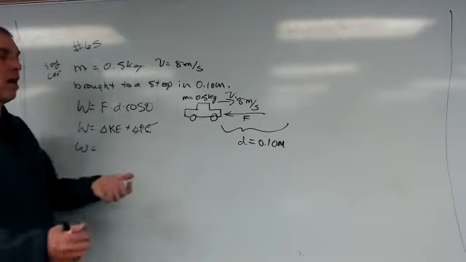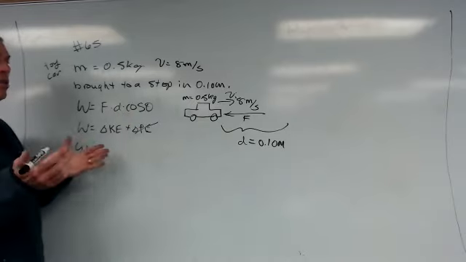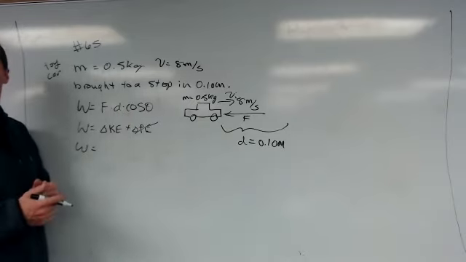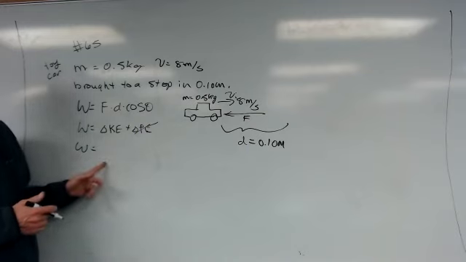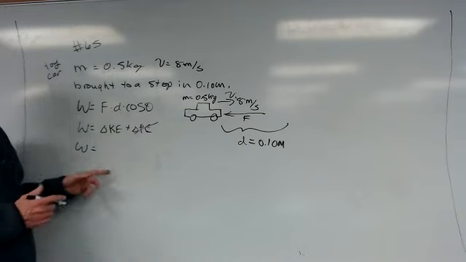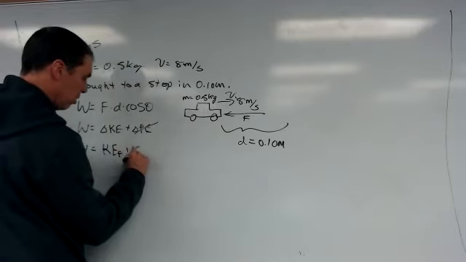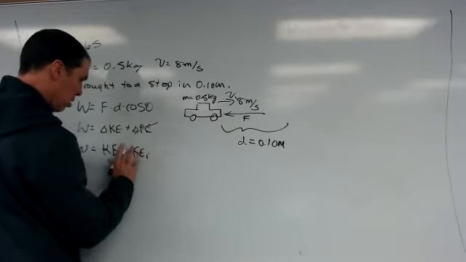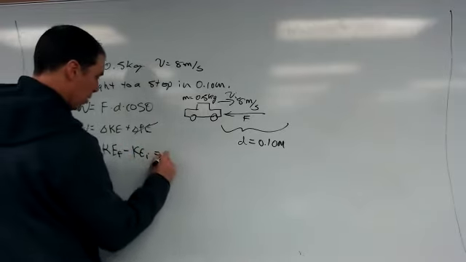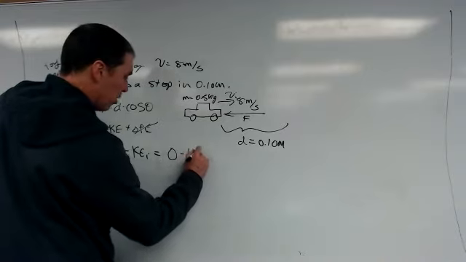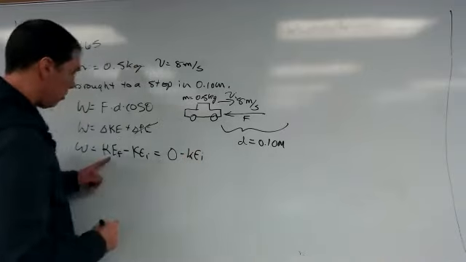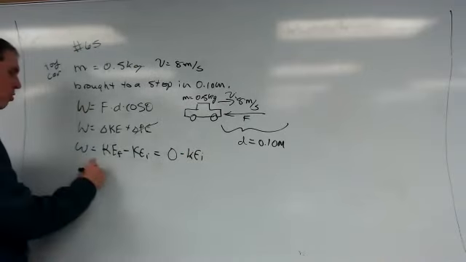I have to push on it in such a way that all this kinetic energy goes away. So what's the final kinetic energy? This is KE final minus KE initial, which is 0 minus KE initial, because the final kinetic energy is 0.